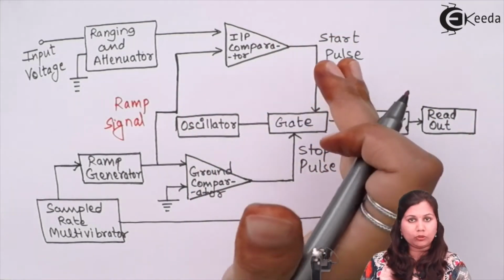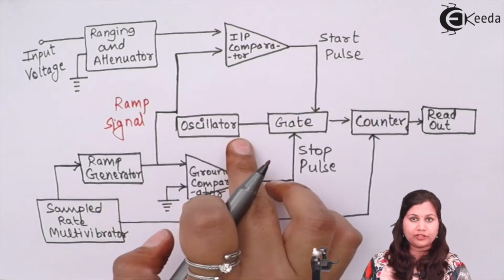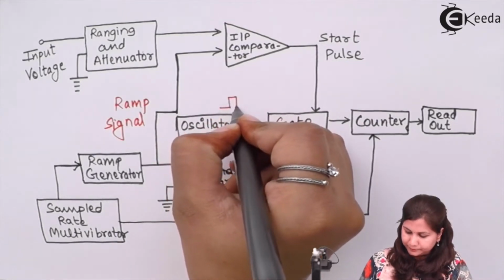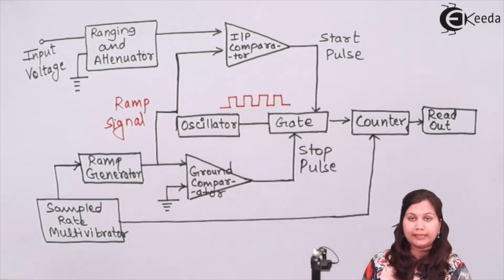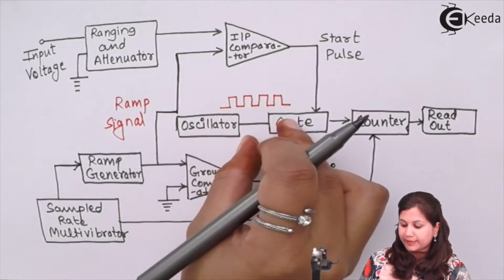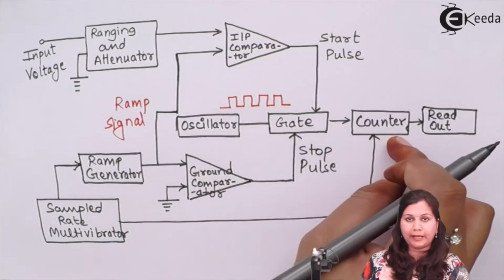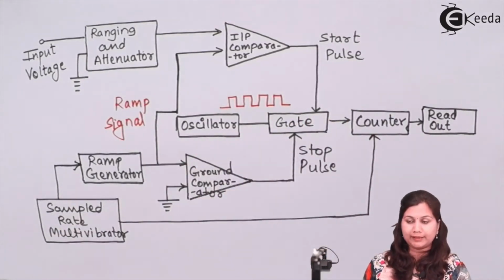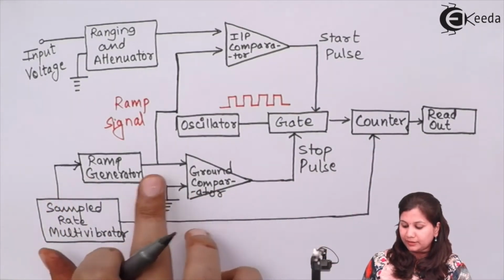So the gate will open at that time, and the clock oscillator, which is generating the clock pulses, like this, will allow these pulses to pass through the gate, and they will be applied to the counter.